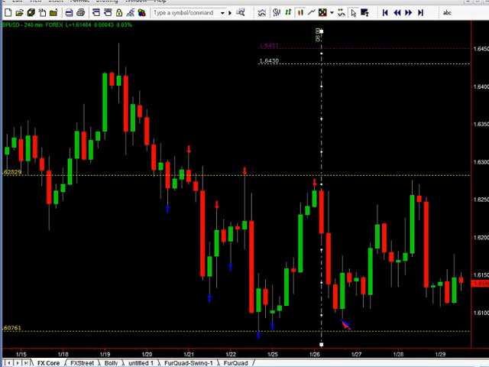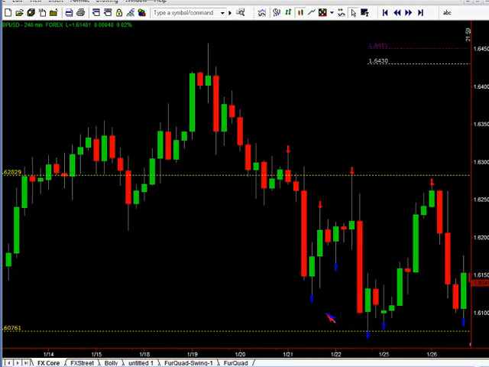I think it'd be fair to say that if we wait for this swing low here, it'd be fair to say that at this point of the chart, let's scroll back slightly, that point of the chart, price is making lower swing highs and higher swing lows, within the previous swing high and the previous swing low. So at this point of the chart, price action is now telling me that price is range bound.